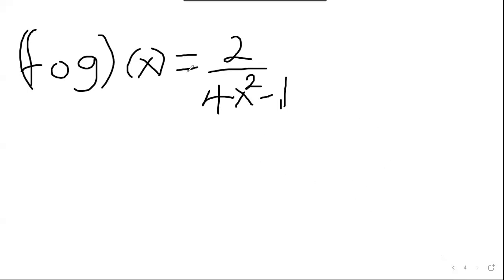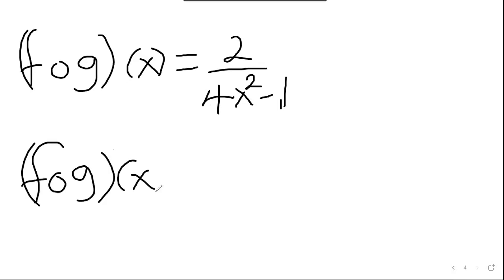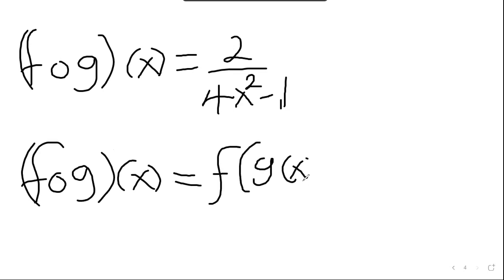So to find the domain for the composite function, what we are expected to do is simple. So we have f of g of x. As we are stating our domain here, we are expected to state the domain for the inside part first.